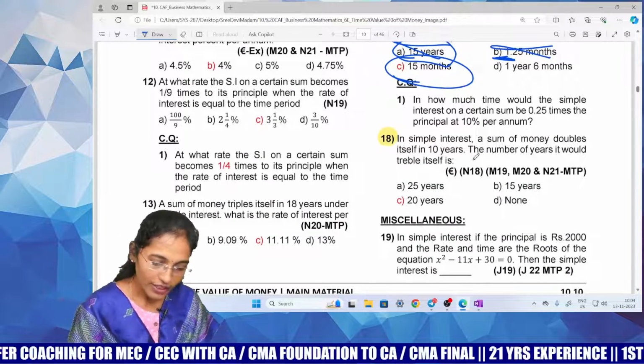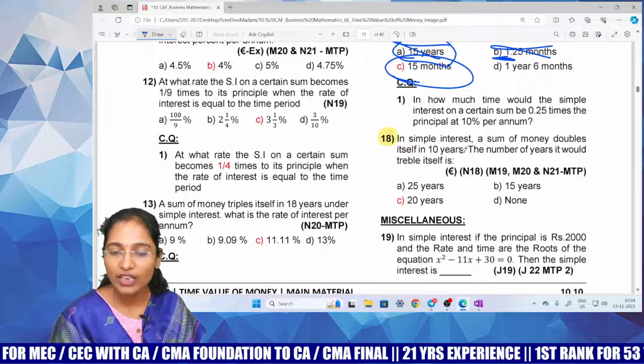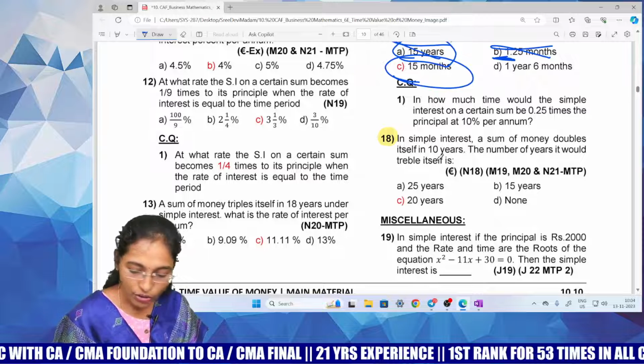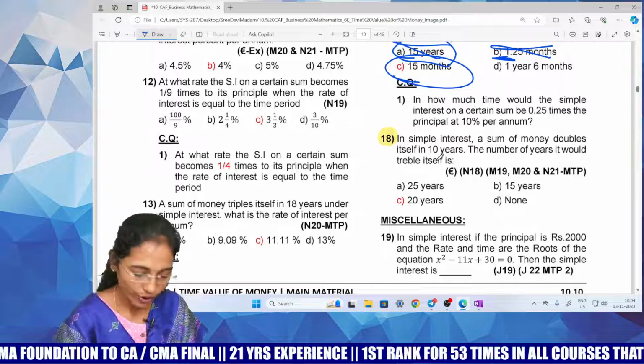Now, look at this. In simple interest, a sum of money doubles itself in 10 years. The number of years it would triple itself. To solve this question, we have to calculate rate of interest, but I'm not doing that. We have a shortcut.